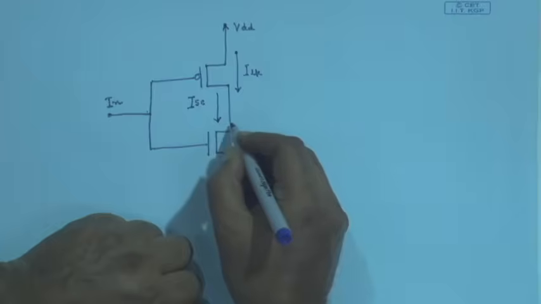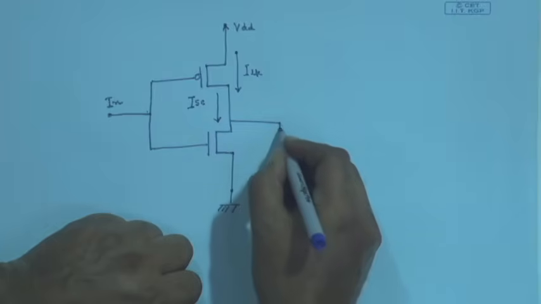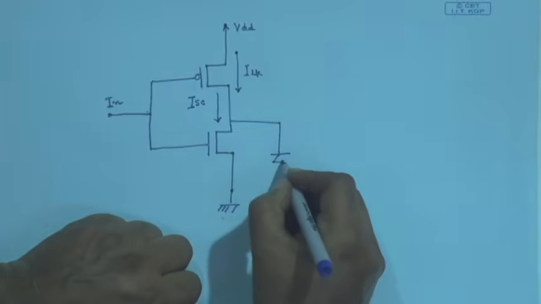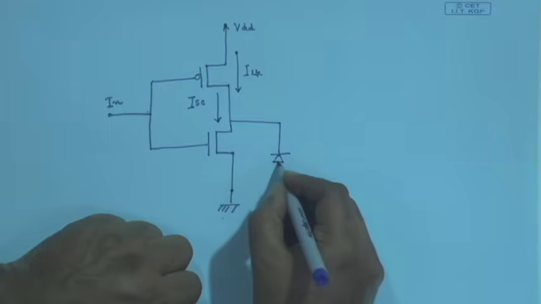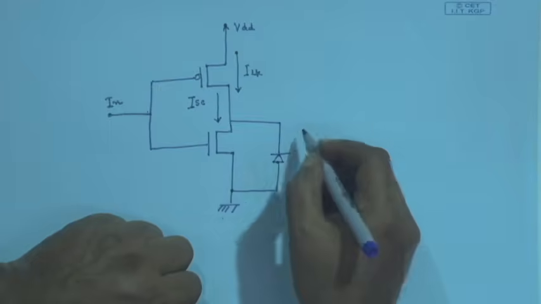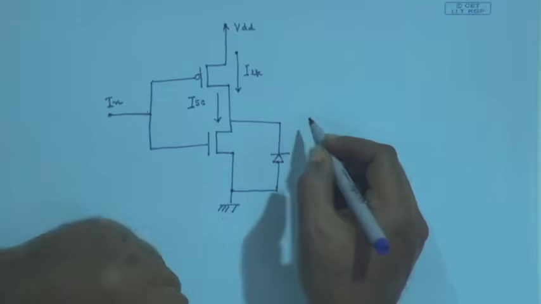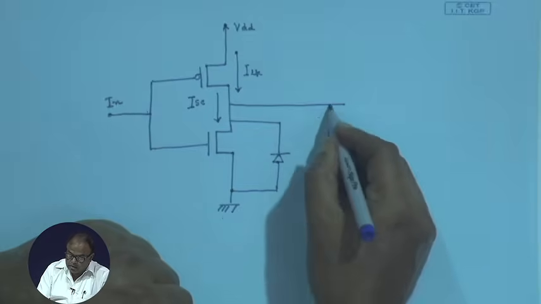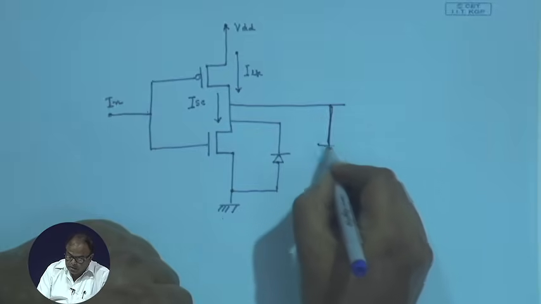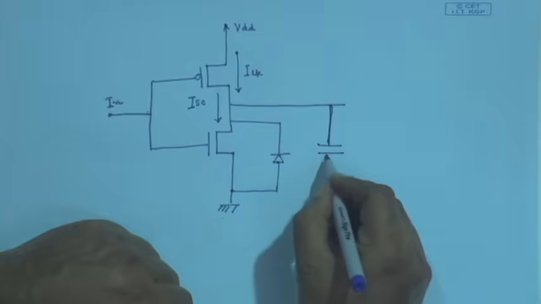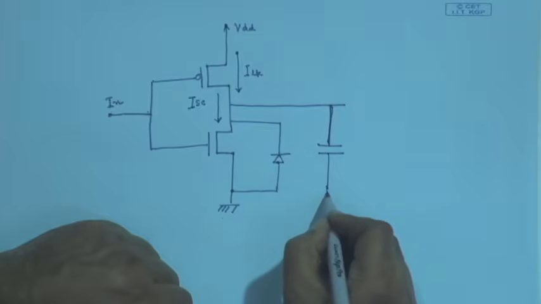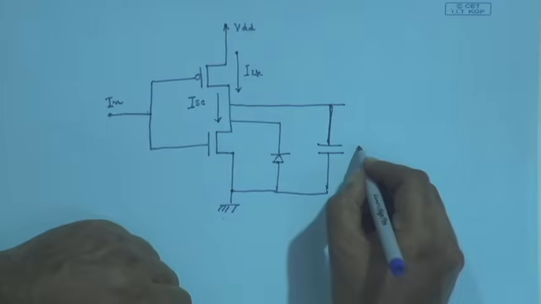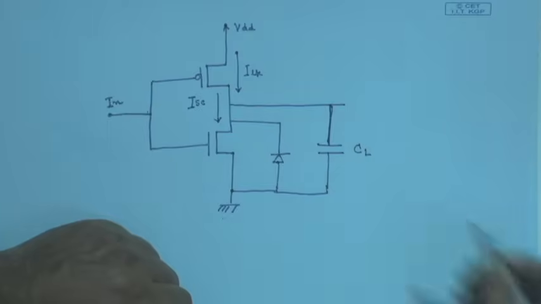And across this transistor I have got some load through a diode, and from here I can take a capacitor, sorry, and that is the actual load and we connect to the ground. So, that is the CL, the capacitive load.